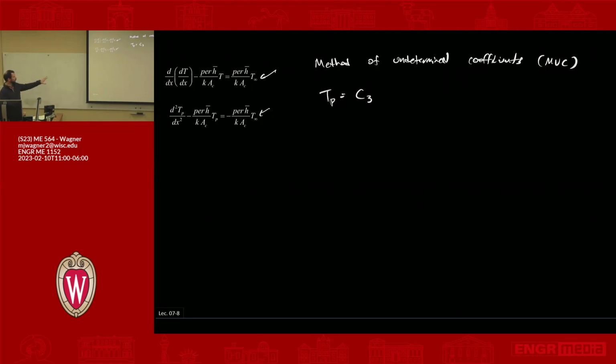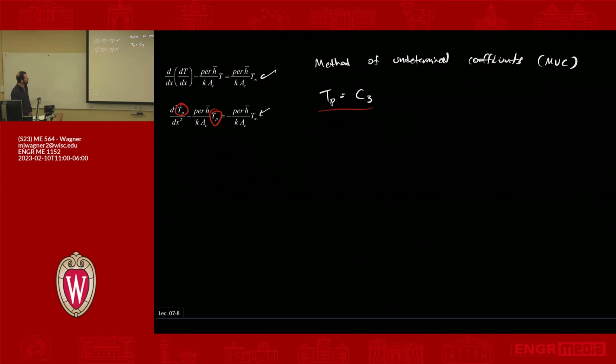Now, if this was sine or cosine on the right-hand side, we'd say this is maybe C3 times sine plus C4 times cosine, right? You need all the different derivatives to appear. But for this problem, it's pretty simple. We're just going to guess this. So now we take this back and substitute this guess in where we see Tp and see what happens.